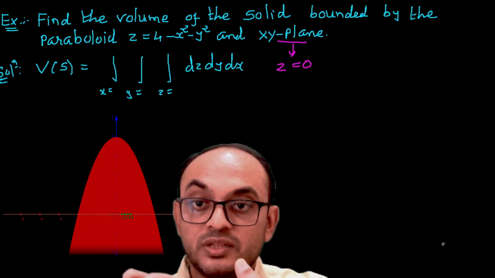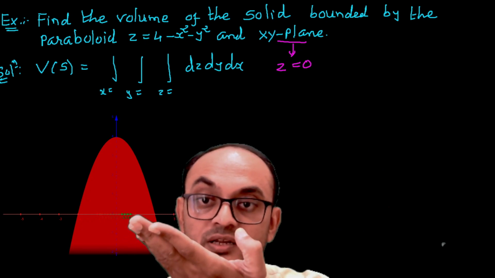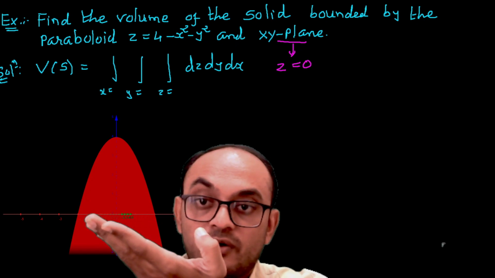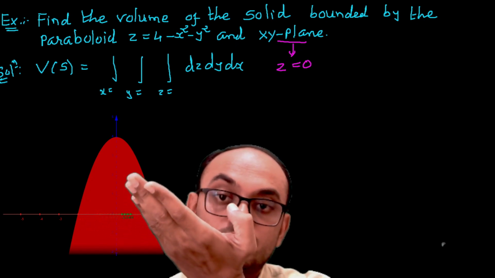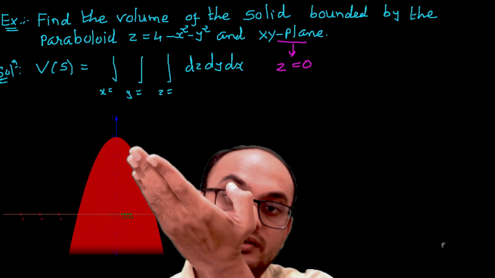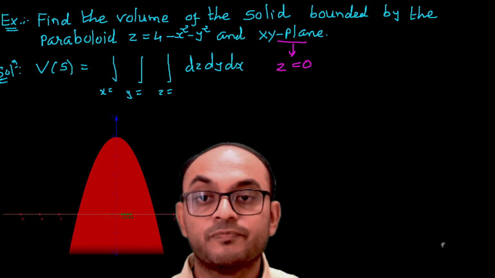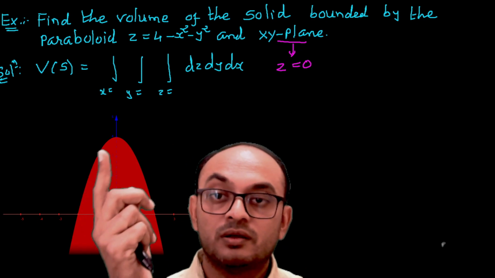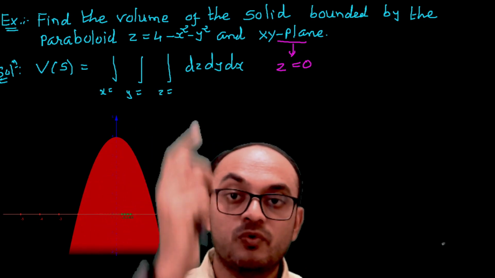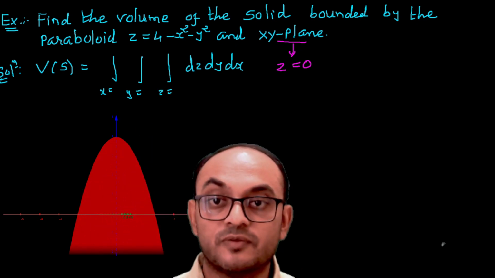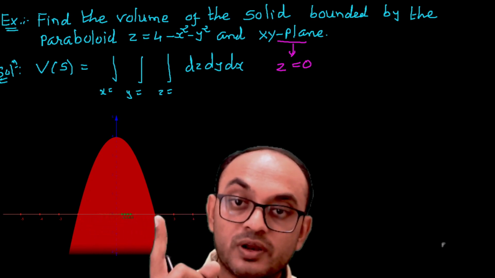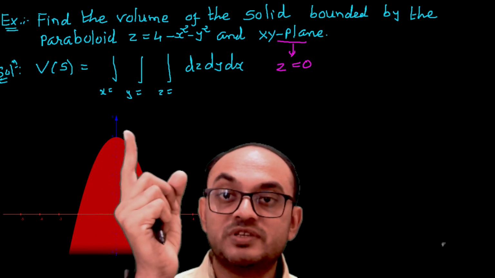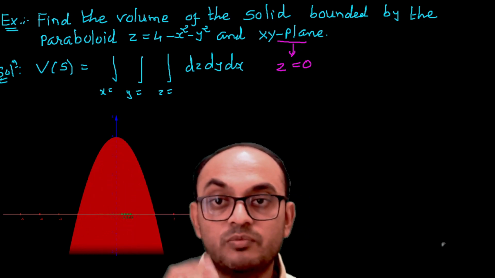So when you walk in this way, first we enter our solid from the plane z equal to 0, and when we move inside the solid, then we exit from the surface z equal to 4 minus x square minus y square. So it is obvious that z equal to 0 will be my lower limit and the upper limit will be z equal to 4 minus x square minus y square.